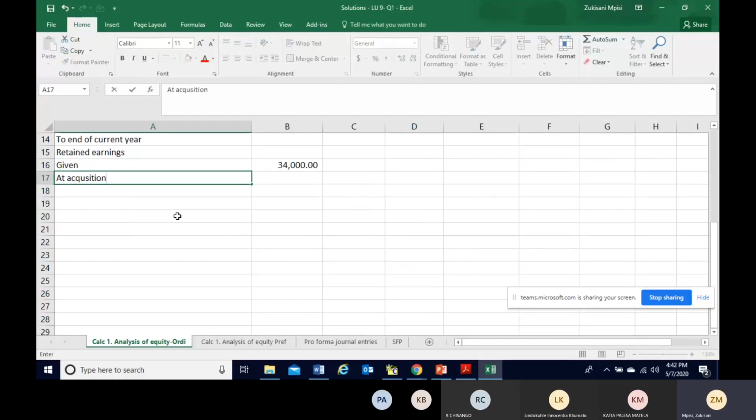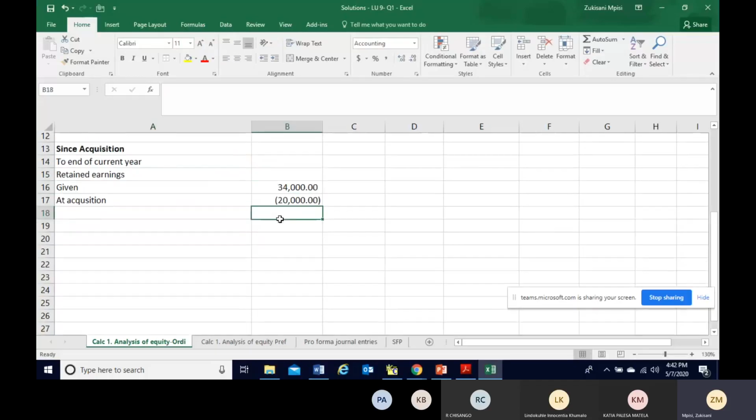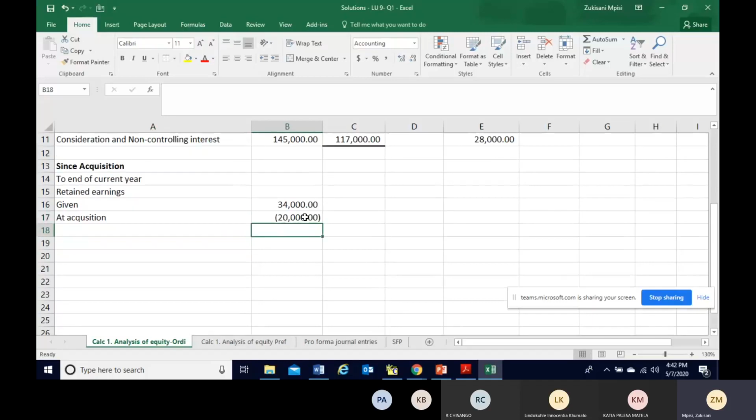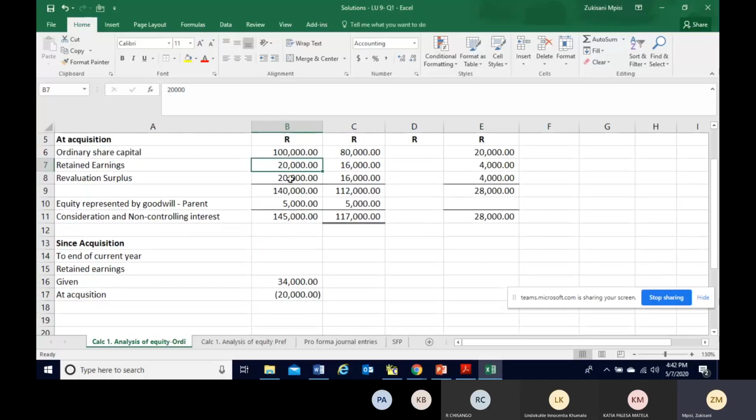This is given in your question. This is what was there at acquisition, which is 20,000. We have to take out those retained earnings because they were there at acquisition in the beginning. It's just 20,000 here. So we have to take it out here so that we do not include it again, because it was just adding on there.